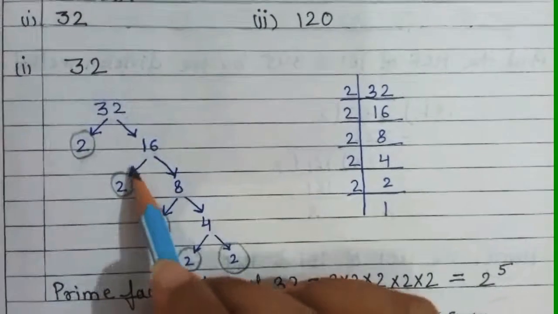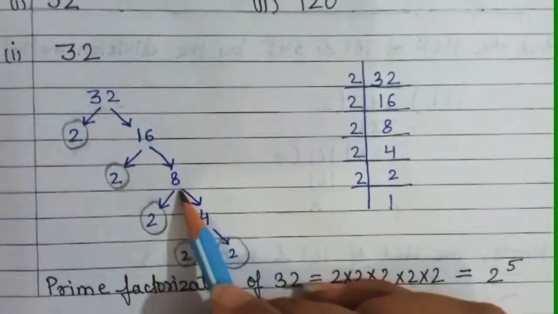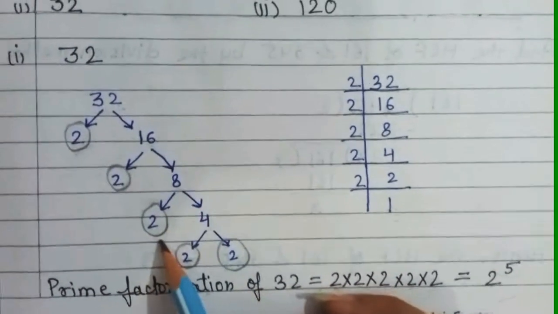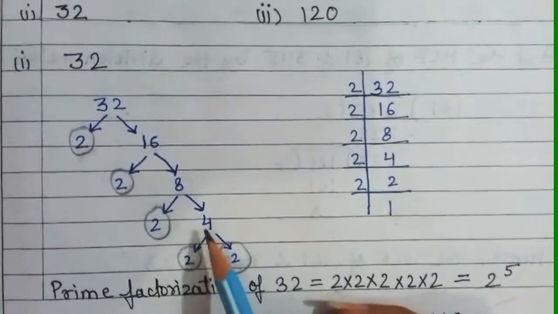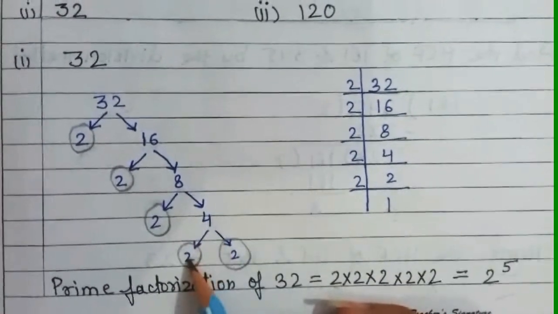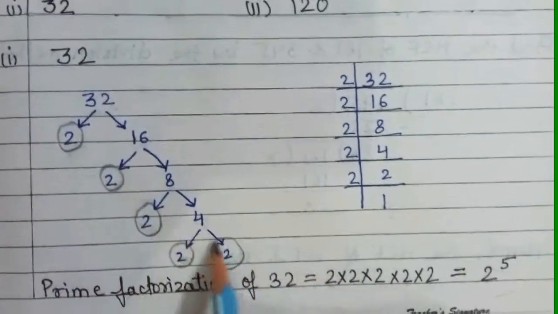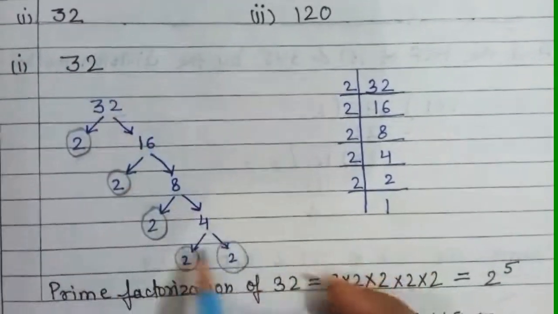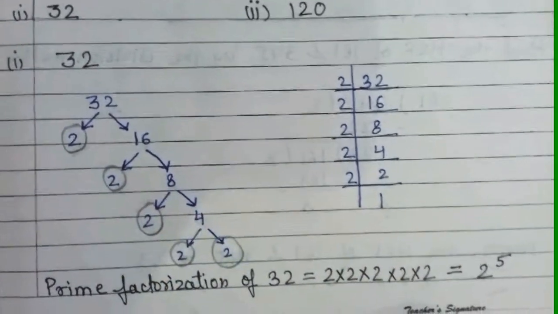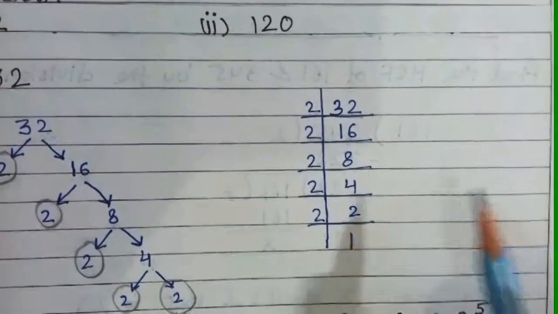Again circle 2 as a prime number, and 8 is a composite number. Again 2 times 4 is equal to 8. Again 4 is a composite number, so 2 2s are 4. Here I have found all the prime factors of 32. This is the factor tree method.